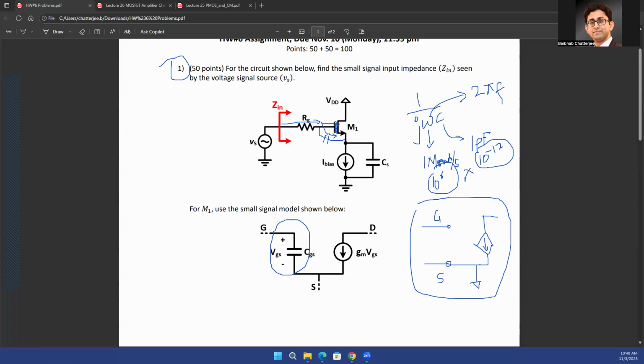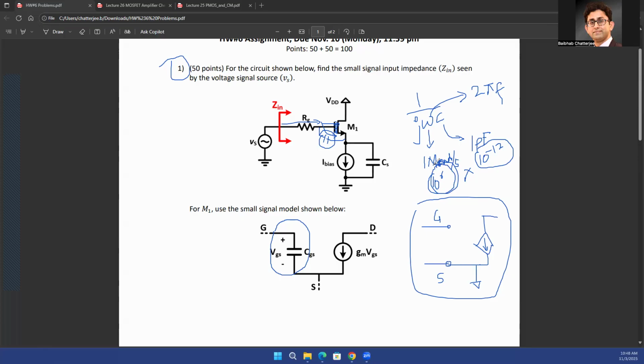Now, in most cases, this capacitance will be much, much lower than 1 picofarad. A transistor generally has only a few femtofarads of gate to source capacitance. So in that case, you are looking at an impedance ranging toward tens of megaohms to even a gigaohm. So that impedance is generally high, even at megahertz frequency.